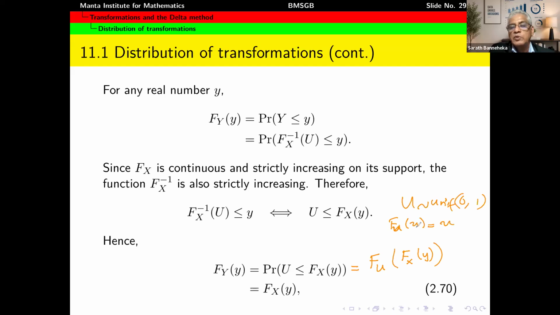This is the random variable capital U, and a simple value little u. F_U of u is equal to u when capital U has a uniform (0, 1) distribution. So according to that, F_U evaluated at F_X of y should be the same as F_X of y. That's why we have this expression here, because of this fact.